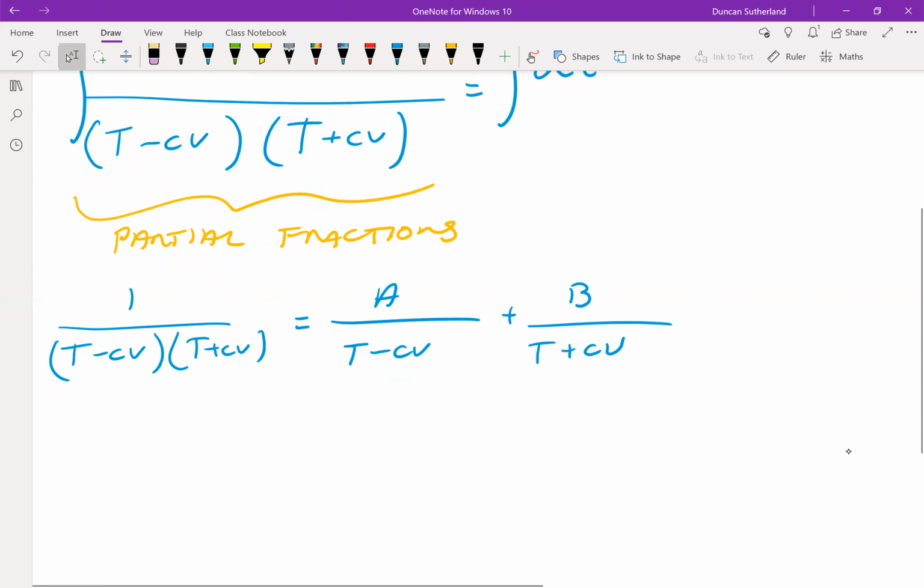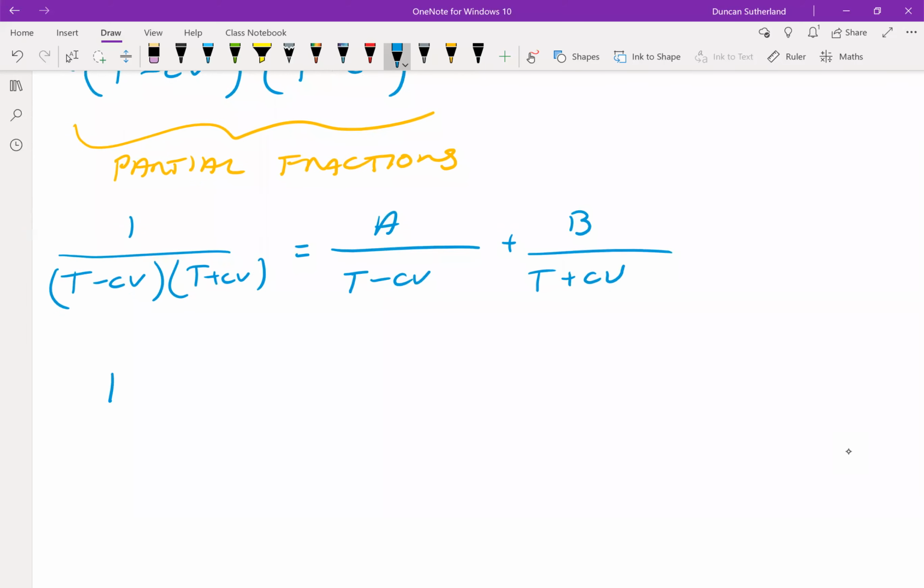So we'll clear the denominators. And now this equation must be true for all v, so it must be true for each particular v. So let's choose some convenient values of v that simplify this equation.